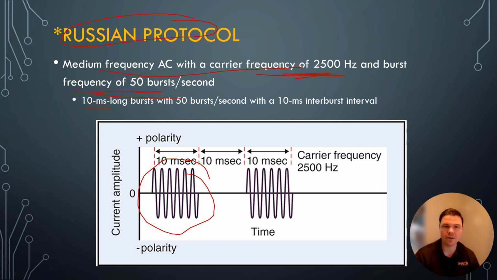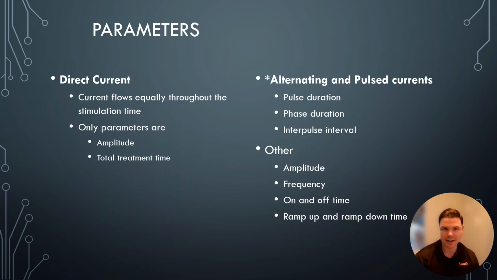You have these 10 microsecond long bursts with 50 bursts per second that are put in five millisecond intervals. So it's a specific protocol that's preset in its parameters with a design of being maximally effective for muscular contraction.